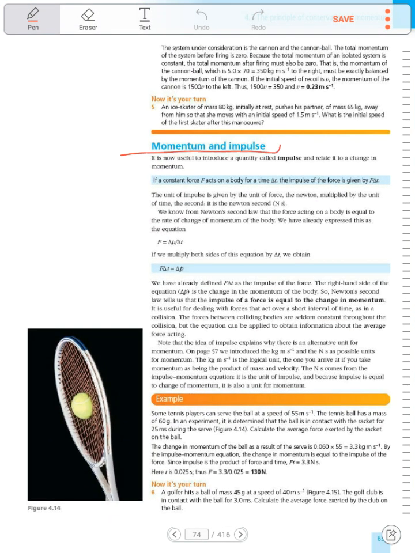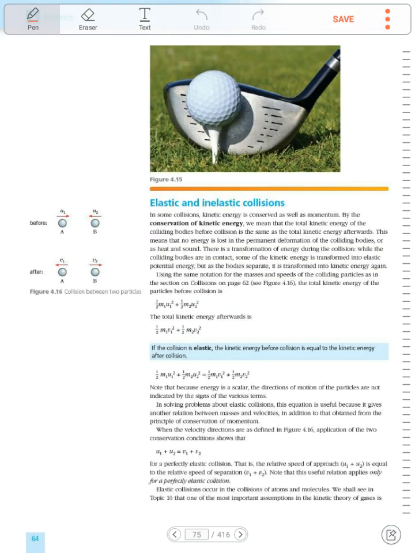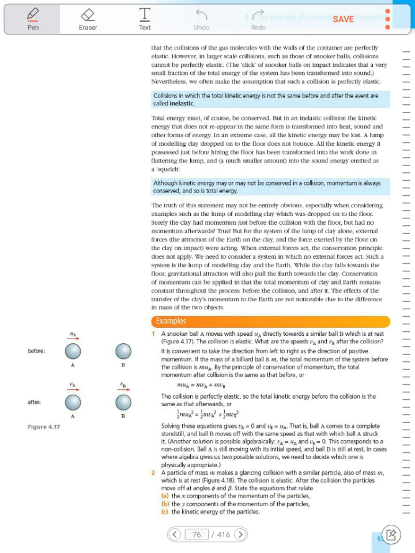Momentum and impulse, we talk about momentum and impulse. We said that F equals delta P over delta T, or F multiplied by delta T equals delta P. Impulse of force is equal to the change in momentum. If the collision is elastic, the kinetic energy before collision is equal to the kinetic energy after collision.